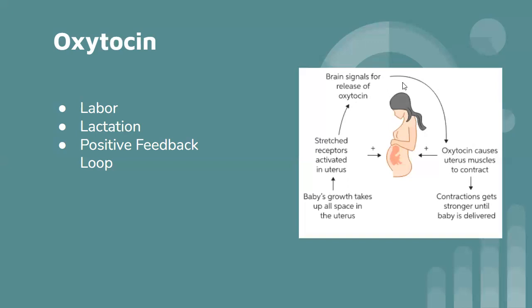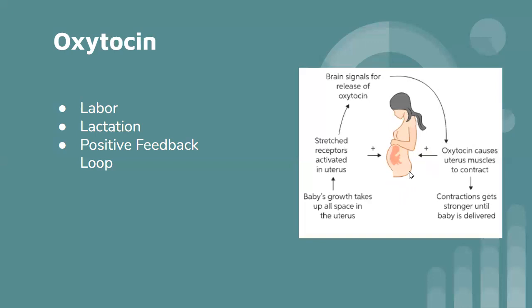So the posterior pituitary gland releases oxytocin, which then travels all the way down through the main circulatory system to the uterus. And the uterine lining contains receptors that will allow oxytocin to bind to them, and this creates the rhythmic smooth muscle contraction that we see whenever labor is occurring.